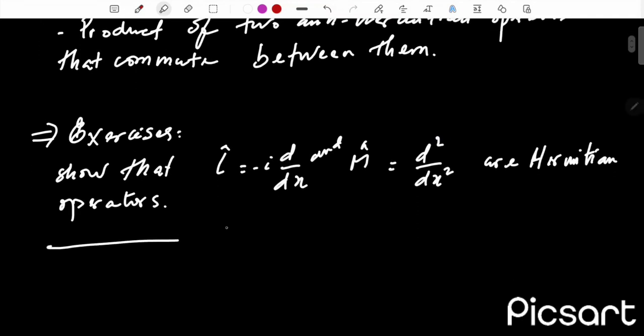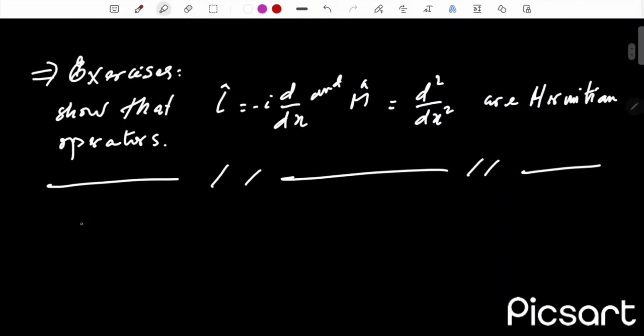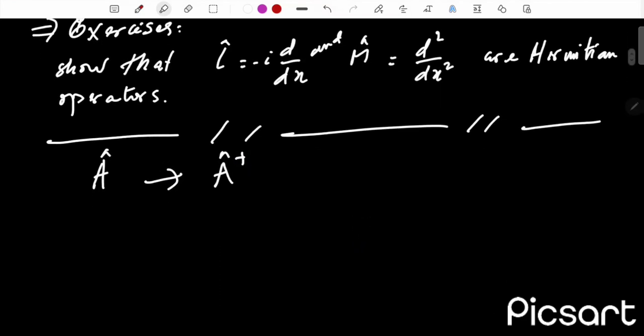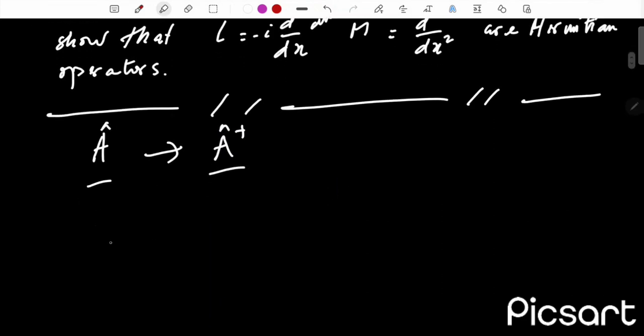If you're remembering, in the last video we defined the conjugate operators, where we represent an operator A and then its conjugate operator has a dagger, and these two operators we define as conjugate operators if they satisfy this expression.